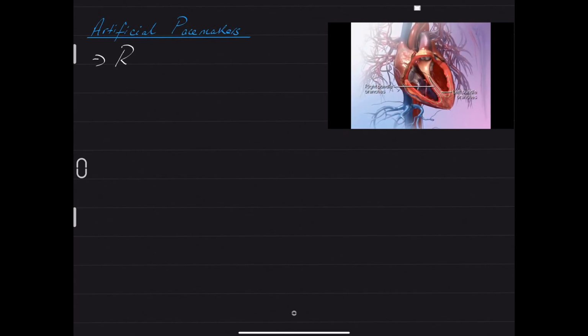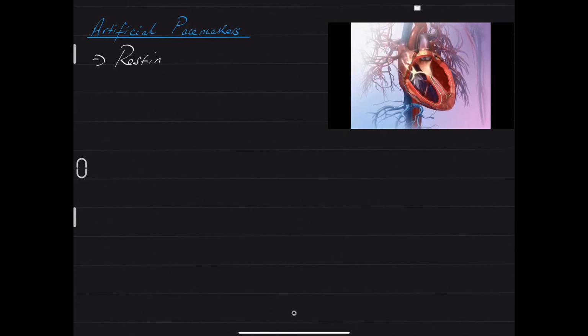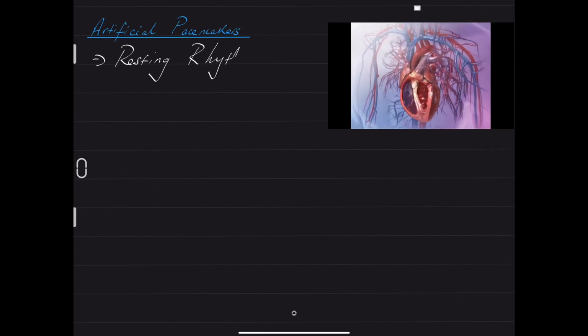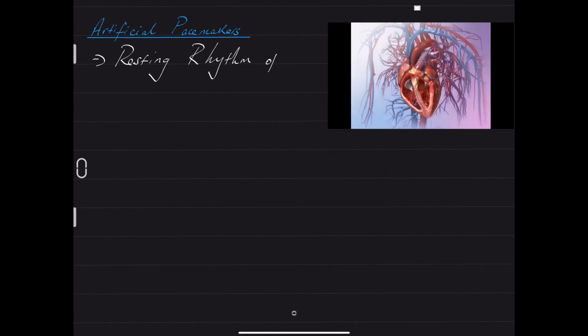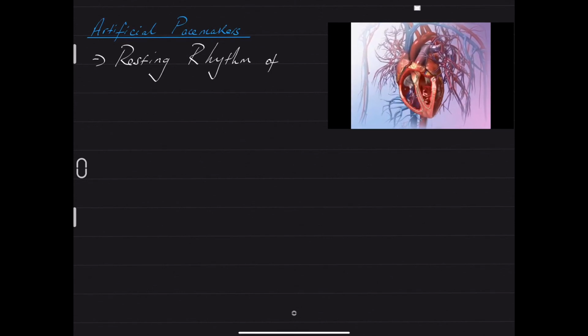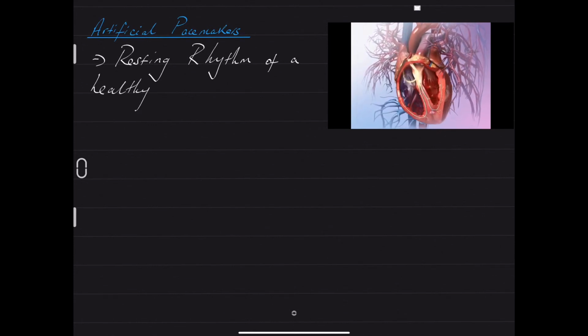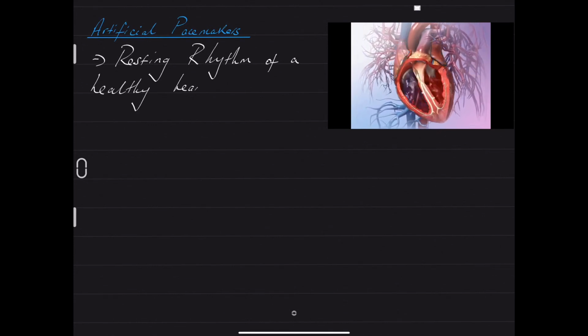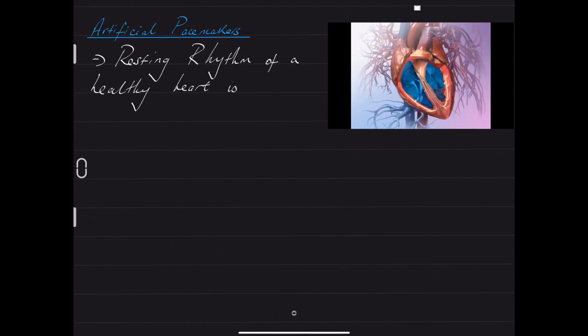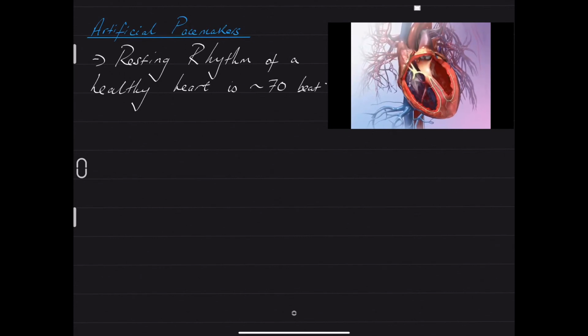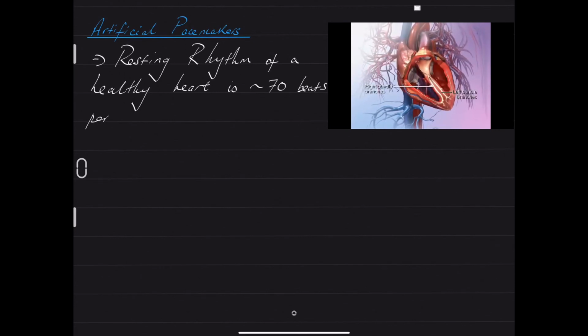So resting rhythm of a healthy heart is approximately 70 beats per minute.